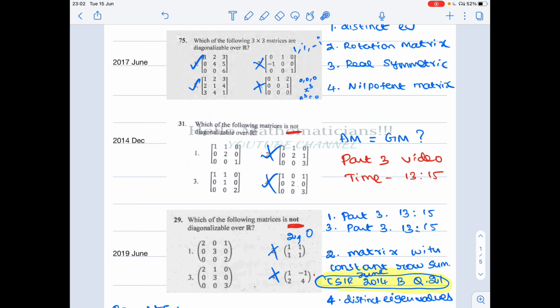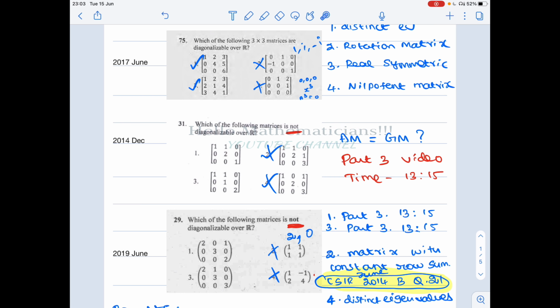For that reason only I have included this problem here. Please look at this particular time on part 3 to see what arithmetic multiplicity and geometric multiplicity are.